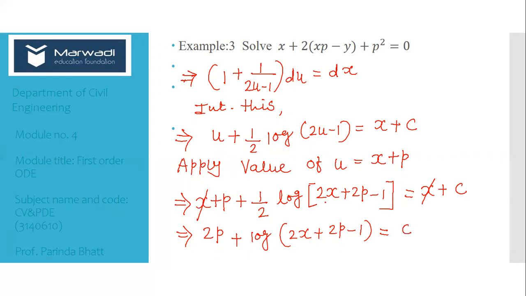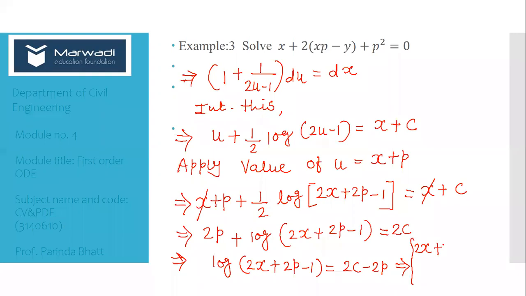Here 2p plus log 2x plus 2p minus 1 and this 2 multiplies with the c, therefore 2c over here. And if you want to write the further simplification, the log term as it is, this is 2c minus 2p, and therefore 2x plus 2p minus 1 equal to e power 2c minus 2p.